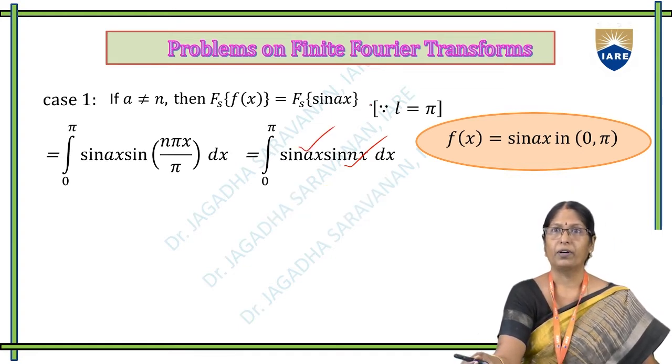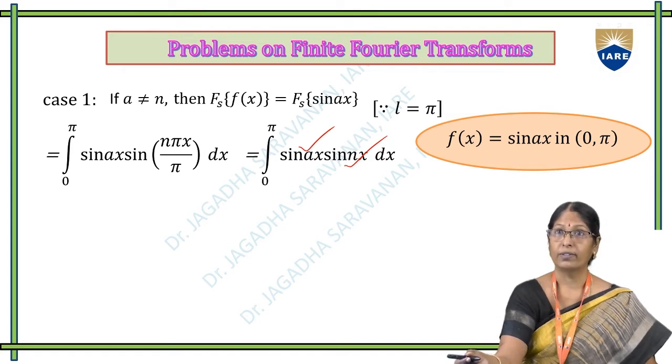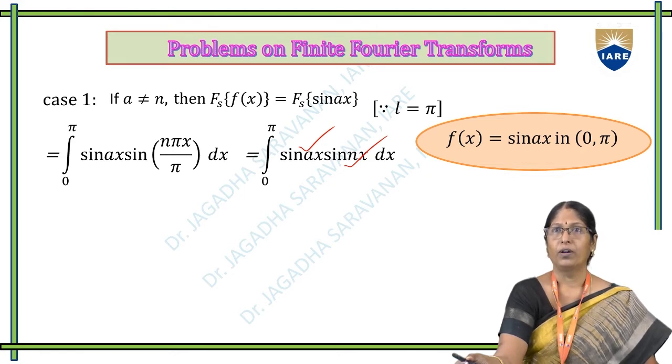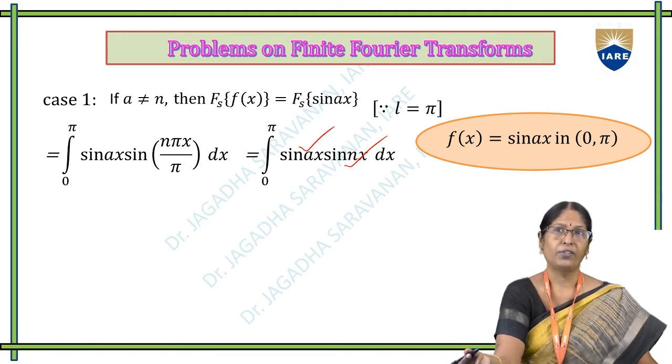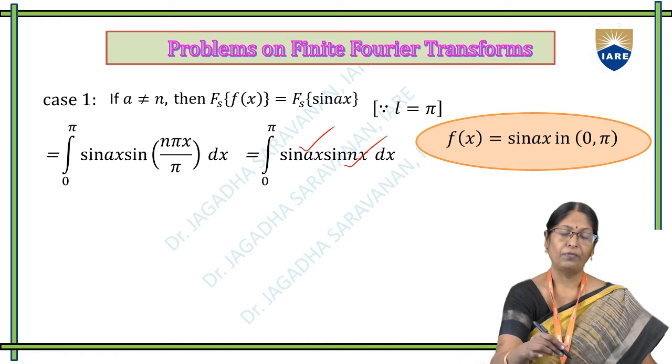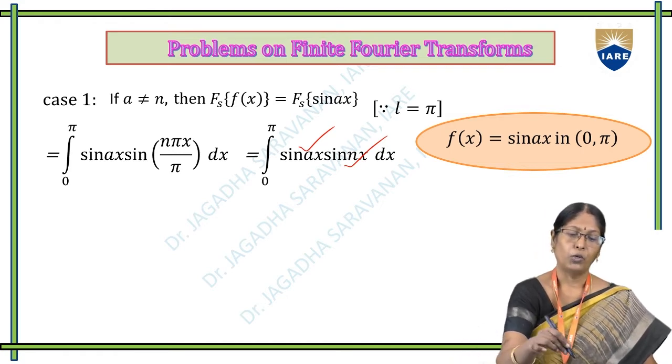This is one trigonometric term, sine ax. Another one is sine nx. Both are trigonometric but different. Two trigonometric terms are there. How do we do the integration? One point we have to remember strongly for integration, otherwise the problem becomes complicated. While integrating, first notice if the trigonometric terms are under a product, with two terms.